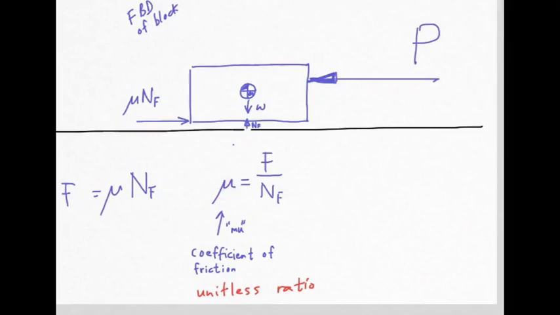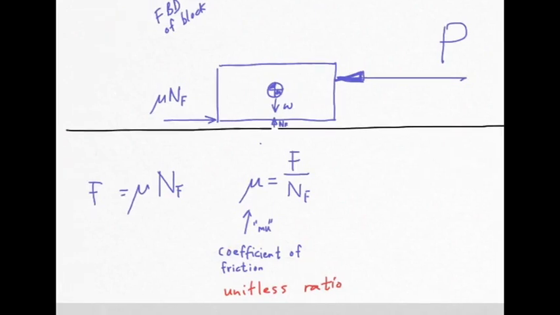Now mu is the ratio between the frictional force and the normal force. Now newtons at the top and newtons at the bottom gives us ultimately a unitless ratio, and that is called the coefficient of friction. Now, for convenience, let's group mu times N_f as a product on the one side of the equal sign, and let's leave friction force on the other side.